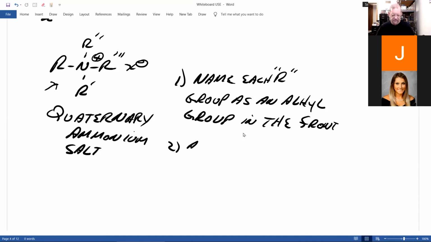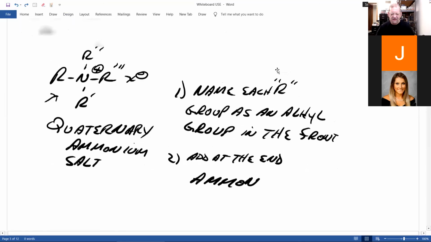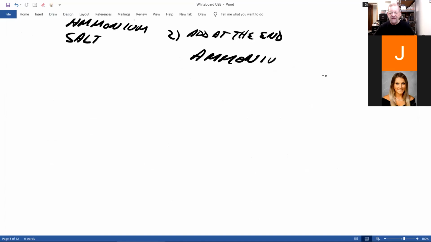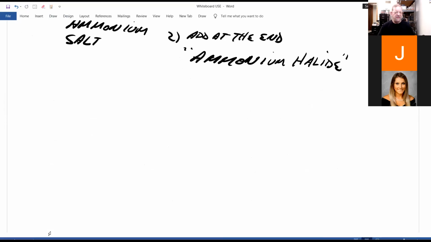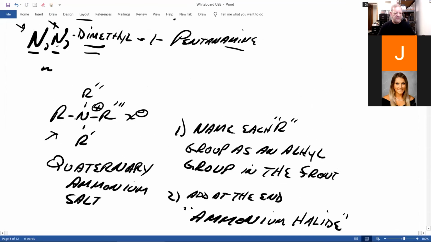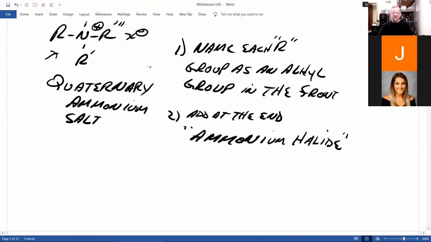For a quaternary ammonium salt, you name each R group at the front, and then at the end, you add the term ammonium halide.